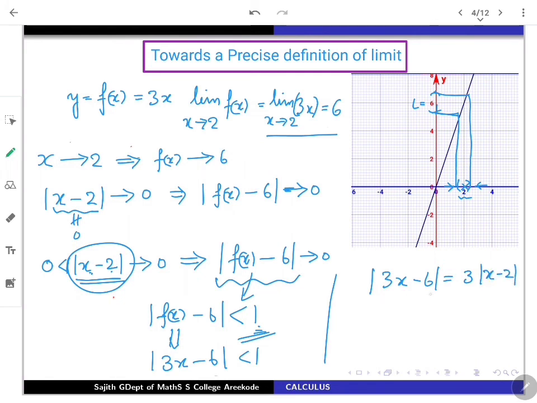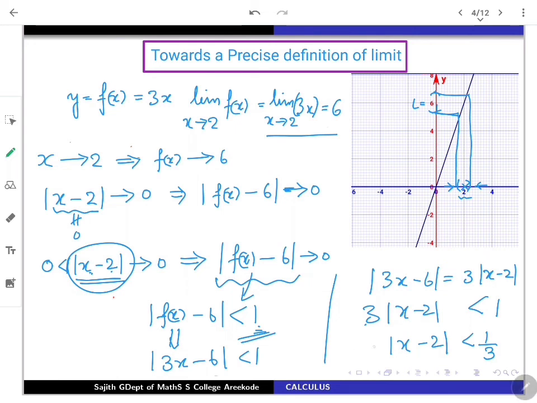What I wanted is to make this less than 1, which means I have to make 3 times mod x minus 2 less than 1, which directly says mod x minus 2 is less than 1 by 3.